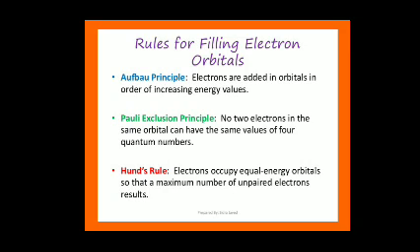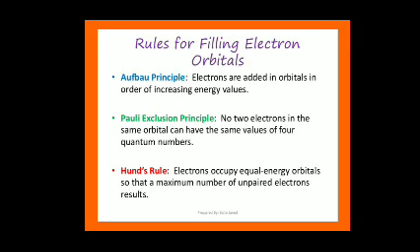That means electrons enter into a lower energy orbital before entering the higher energy orbital. Electrons are filled progressively in the increasing order of their energies.